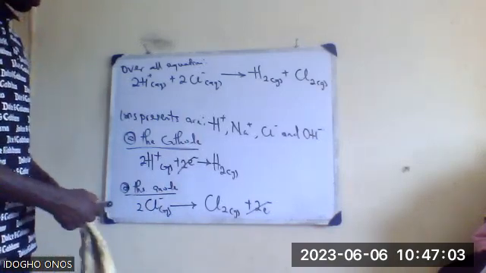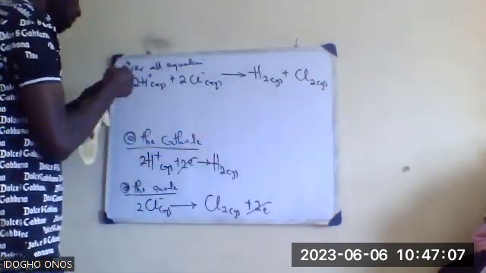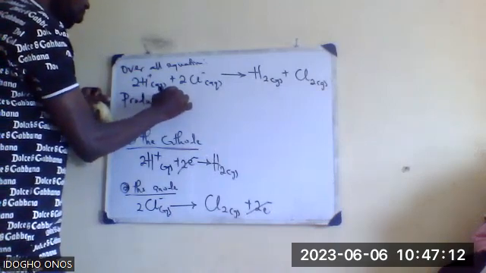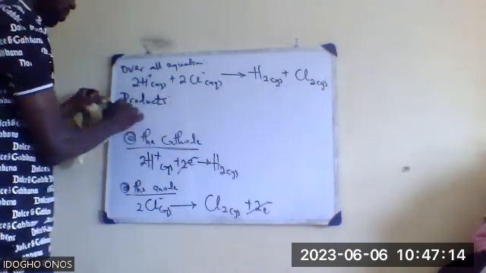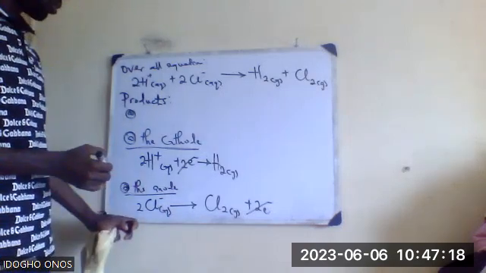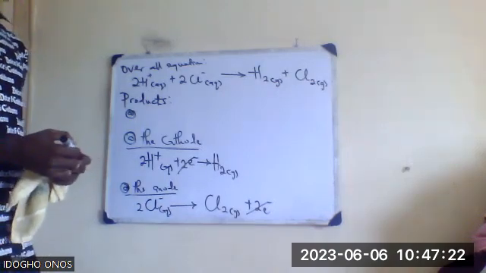So what you now write is the products. Please always tell your students to always know the products, and also to be able to write the equation at the cathode or at the anode. We call it the anodic half equation and the cathode half equation.